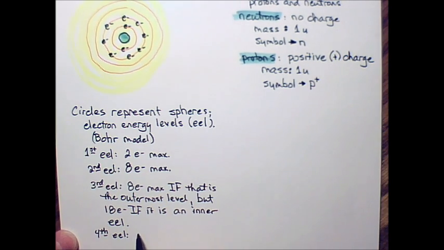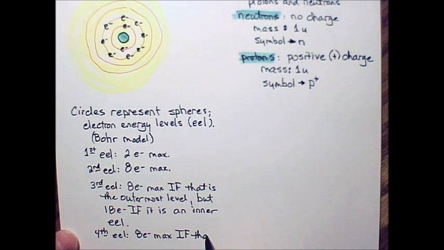All right, in the fourth energy level, 8 electrons is the maximum number of electrons if that is the outermost level.